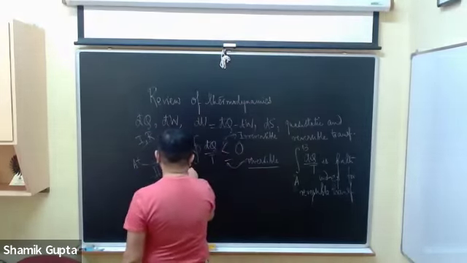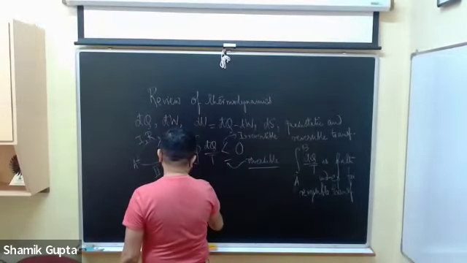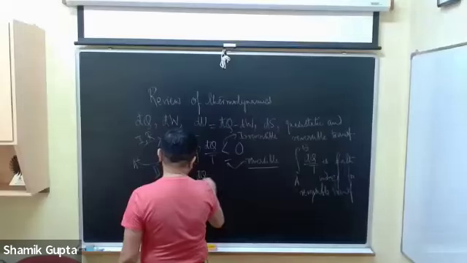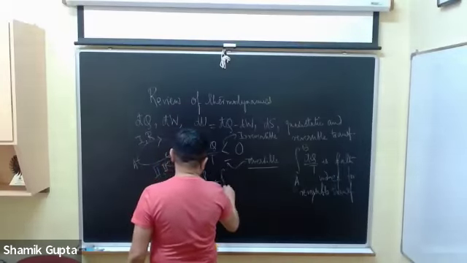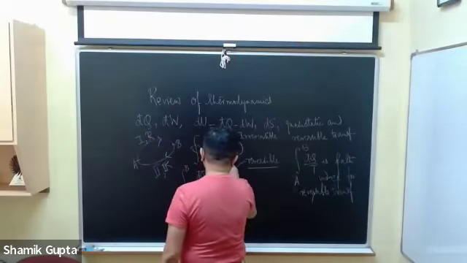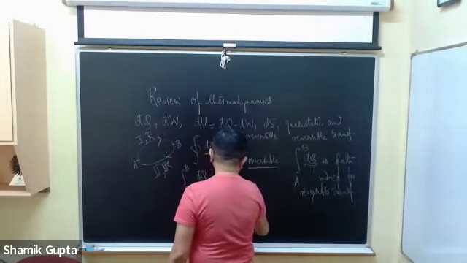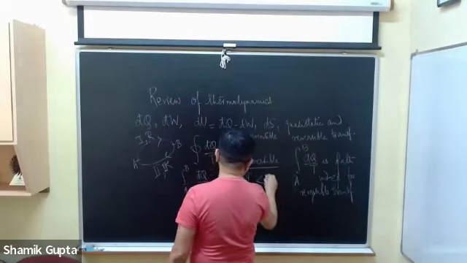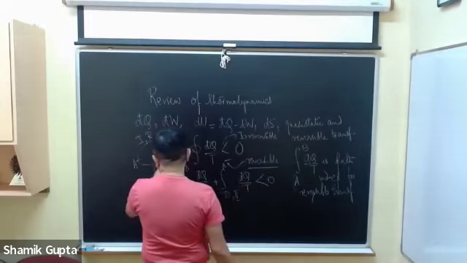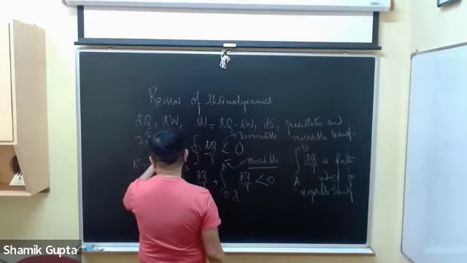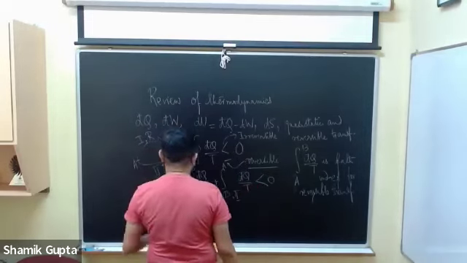So if I apply this, then what I will get is the integral from A to B along path 1 of đQ/T plus the integral from B to A along path 2 of đQ/T, but this is less than 0 now. Why? Because one path is irreversible, that makes the whole cyclic process irreversible.